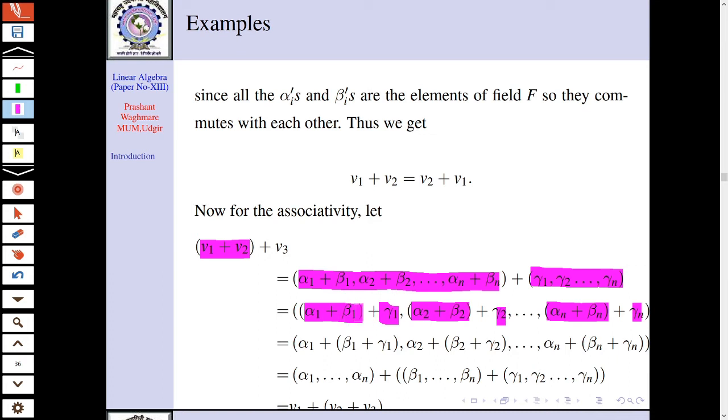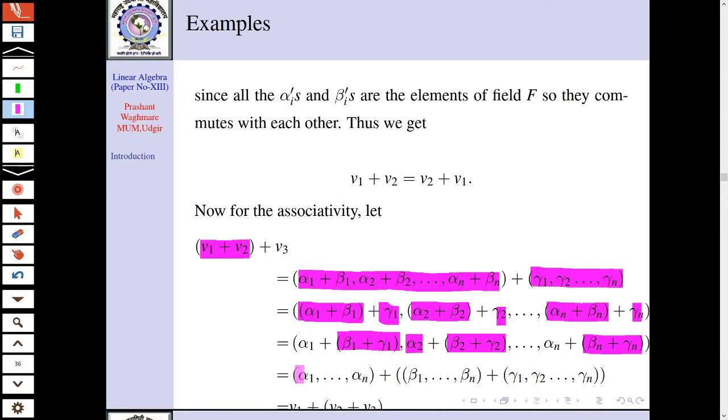So I can transfer this bracket of alpha 1 plus beta 1 to the elements beta 1 plus gamma 1, as well as for the second coordinate also, alpha 2 outside plus bracket beta 2 plus gamma 2, and so on, dot dot, alpha n plus bracket. In this way I can separate it out.